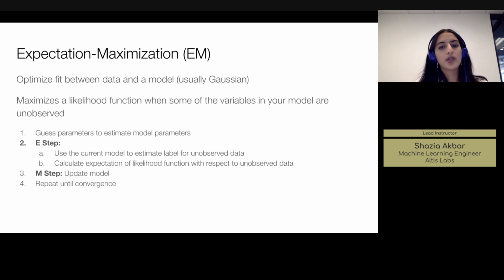So the first step is to estimate the labels and calculate an expectation likelihood function. Then the M step is actually updating the models, and we'll repeat that until convergence. Really here, we're using Gaussian representations to model what our data looks like.